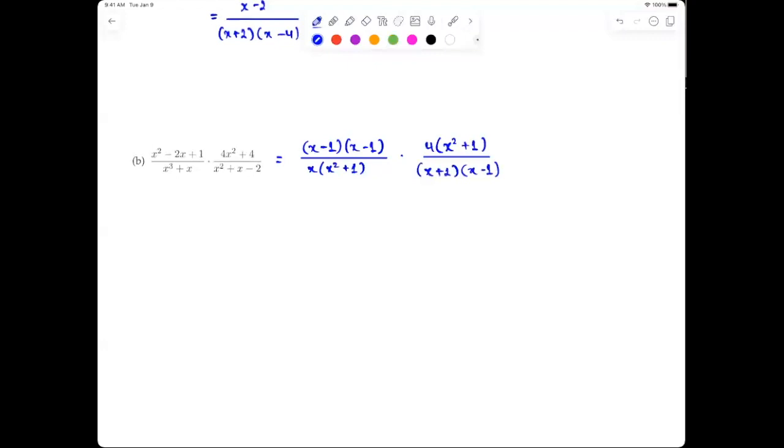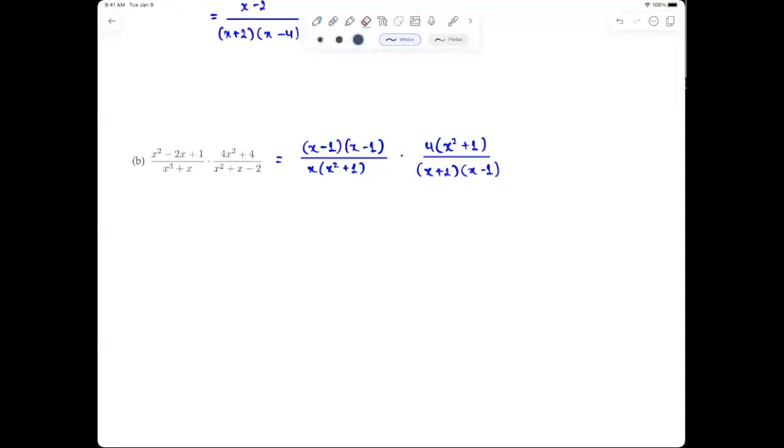Next step, conditions. We have two denominators. So here, x different from 0. Then x squared plus 1 different from 0, but x squared plus 1 is always positive. You with me on that? So you don't need to impose the condition for x squared plus 1. You follow? Okay. And then x plus 2 different from 0, and x minus 1.